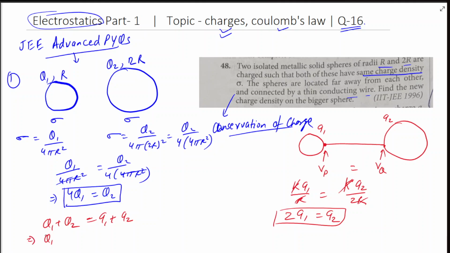So for capital Q2 we write 4 capital Q1, and for small q2 we write 2 small q1. We get 5 capital Q1 equal to 3 small q1. So small q1 will be 5 capital Q1 divided by 3, right?